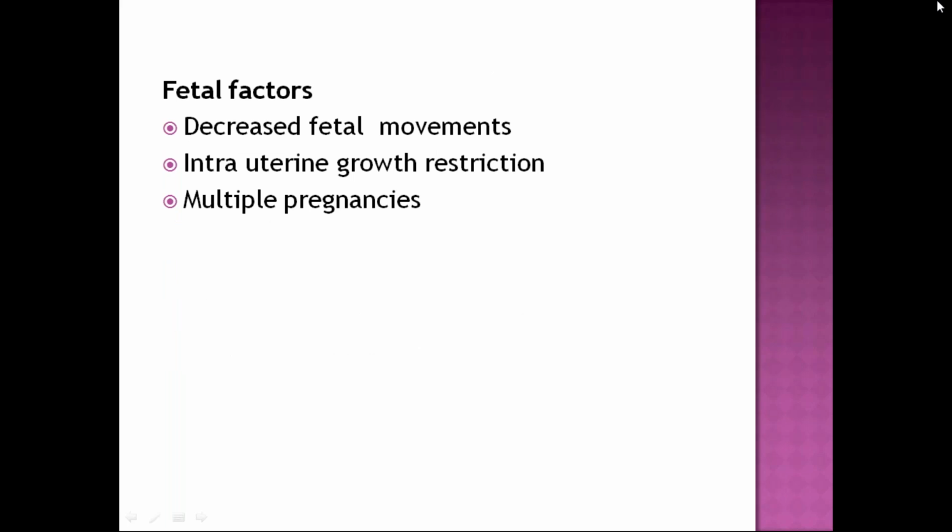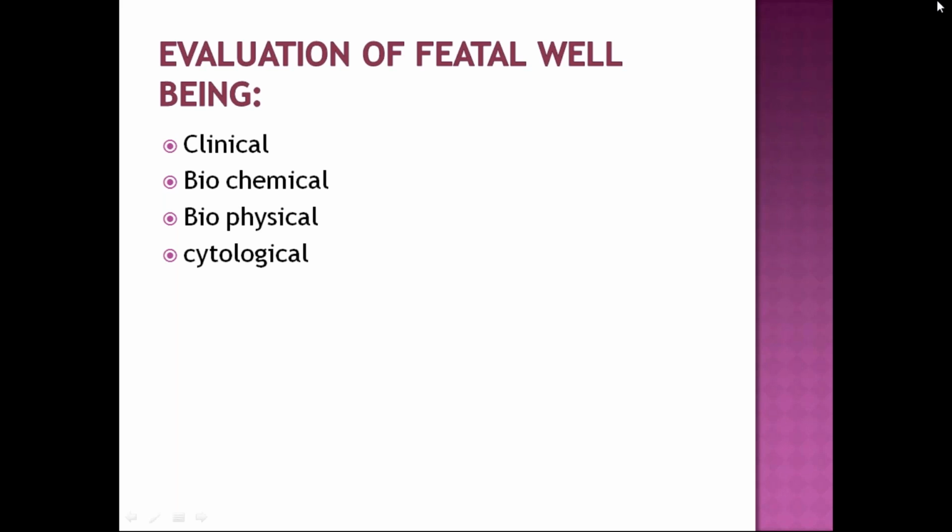Fetal factors: one manifestation is decreased fetal movement, which is why we tell the patient to do a daily fetal movement count. Intrauterine growth restriction, where the baby does not grow properly, and multiple pregnancy can also lead to an asphyxiated baby. So these are all the causes.